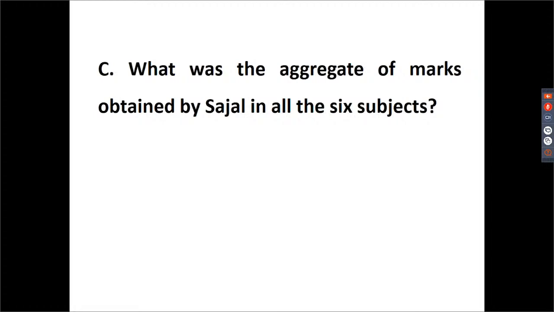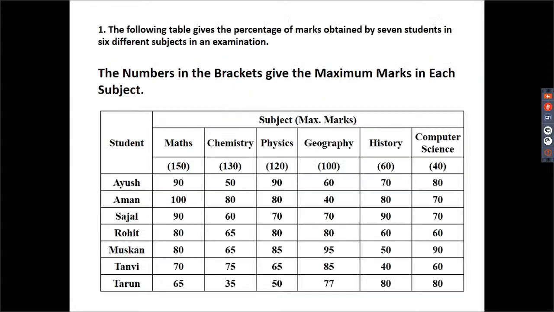So Sajal is getting how many marks in mathematics? 90% of 150 means 135. Write down, Sajal getting 90% of 150 in mathematics, 135.